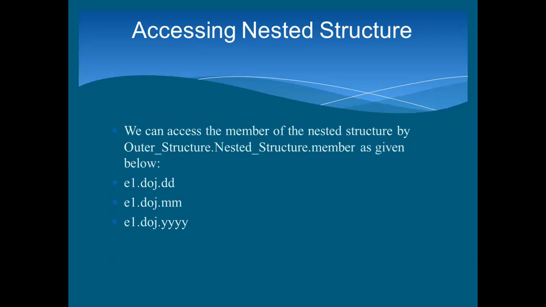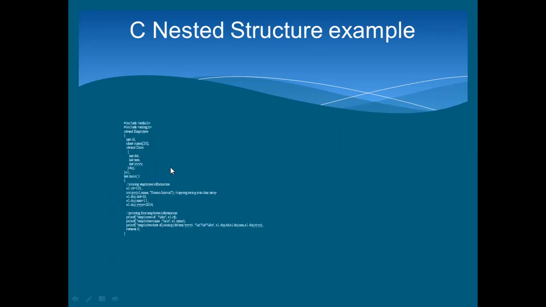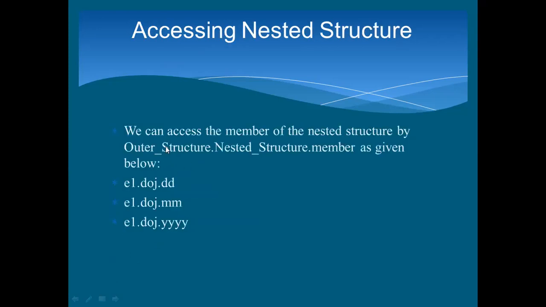Now, how to access the nested structures. I already told you, but once again I'm going to tell you how to access the nested members. We can access the members of the nested structure by outer structure dot nested structure dot member.